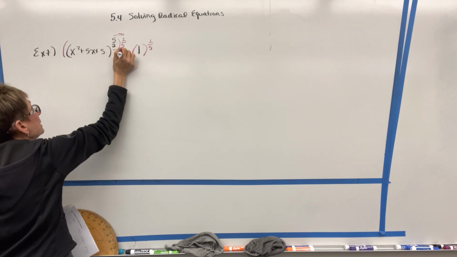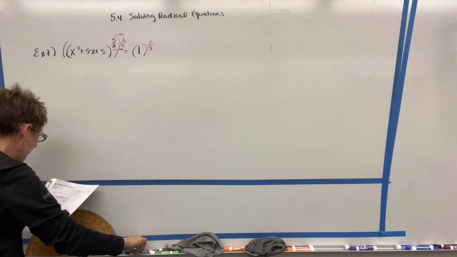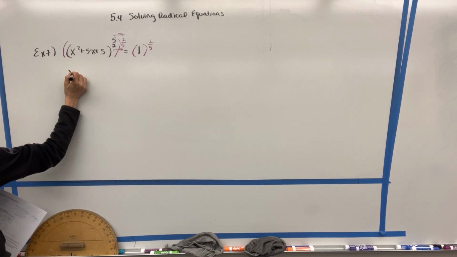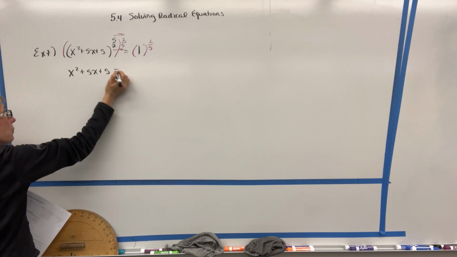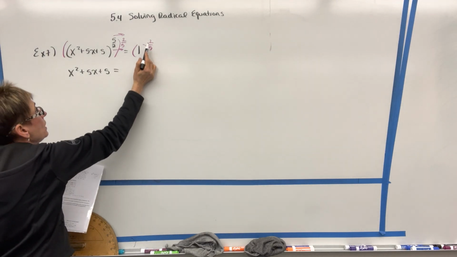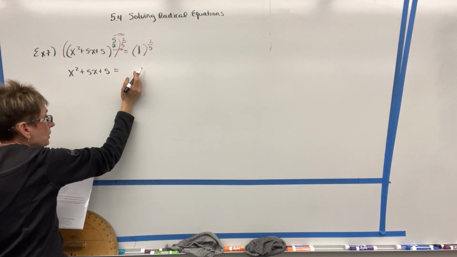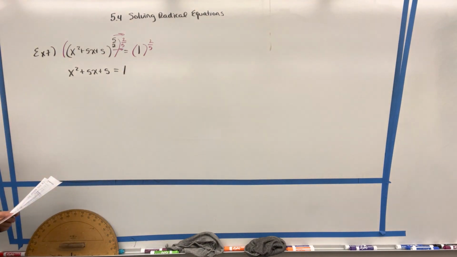The reason is because then when I take that power of a power, my exponent will become 1. So this is just x squared plus 5x plus 5 to the power of 1, or just x squared plus 5x plus 5. This is 1 squared, which is 1 times 1 or 1, and then the 5th root of 1, which is again just 1.